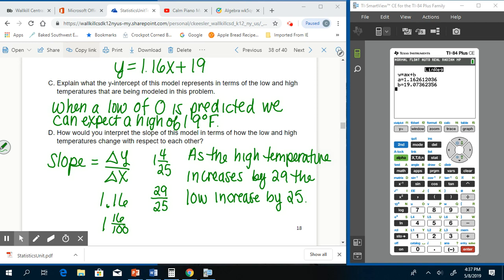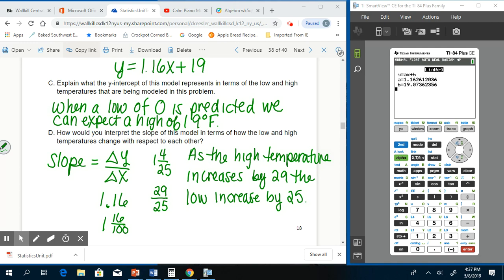You could also use the 1.16 and just say that as the high temperature increases by 1 and 16 hundredths, the low temperature increases by 1. But I like the idea of writing it as an improper fraction and then explaining the change in y over the change in x. All right, so you're going to go through this whole process again on the back side of your notes with a different set of numbers.